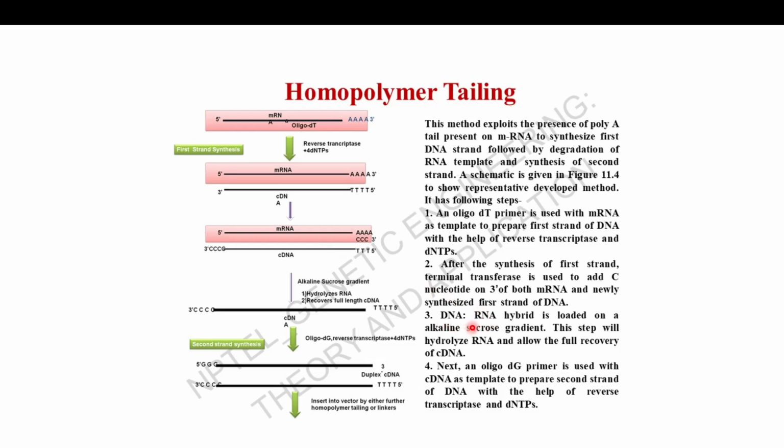Upon formation of this hybrid, the RNA is hydrolyzed in an alkaline medium, and the cDNA can be recovered. Then again you have the C sequences added here. Again an oligo-dG primer is used with this particular cDNA, which will help in preparing the second strand of DNA with the help of reverse transcriptase and dNTPs. Okay, this is called homopolymer tailing.